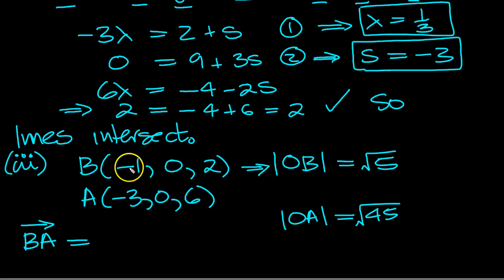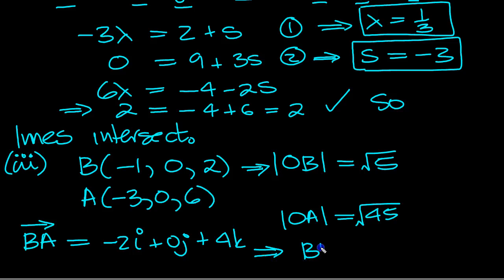Minus 3 minus minus 1 is minus 2, so it's minus 2i. 0 take 0 is 0j. And 6 take away 2 is 4k. So that tells us what the modulus of BA is, which is what we wanted in the first place rather than OB. 4 and 16 is 20, so it's root 20.